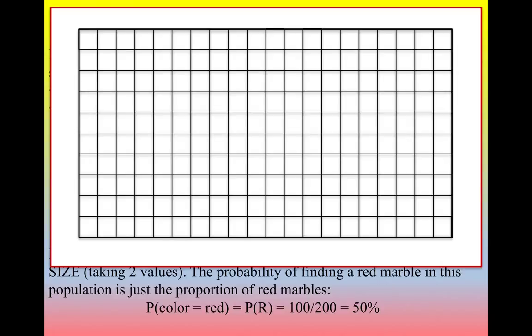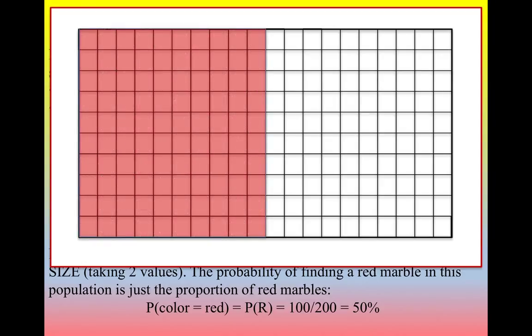Out of 200 total cells in this grid, 100, that is 50% of the grid, is red. The probability is the same as this proportion, 50%. So we're still thinking about things roughly the same way as before, but just with more of a mathematical orientation, so we can represent things more generally.